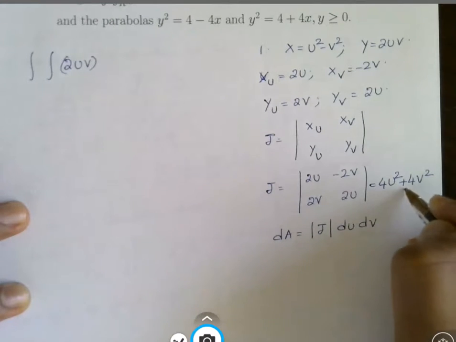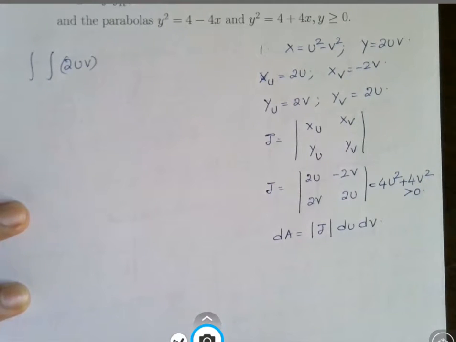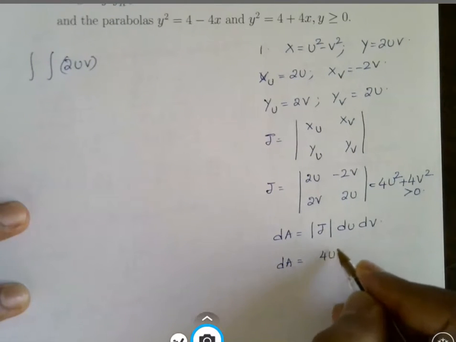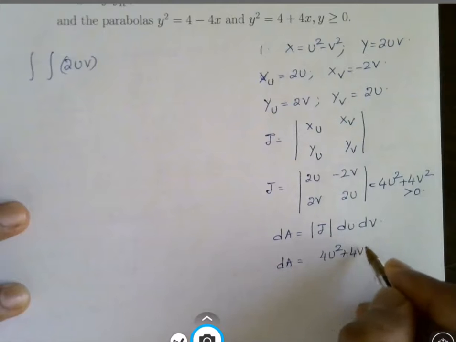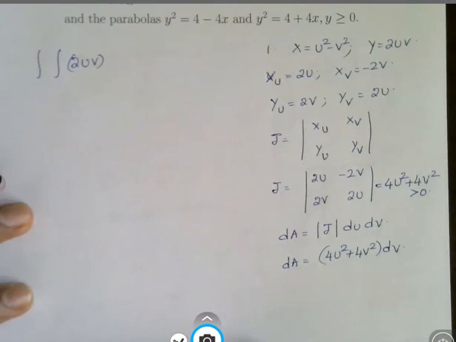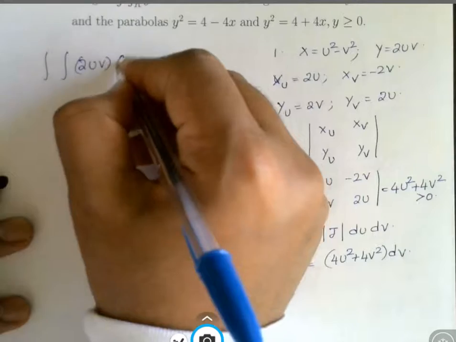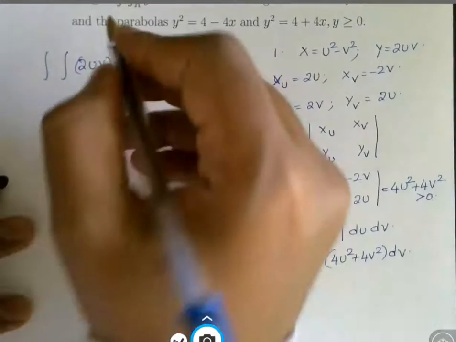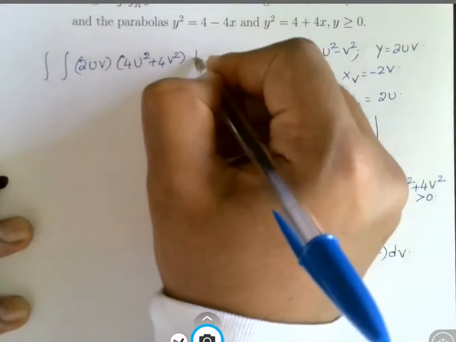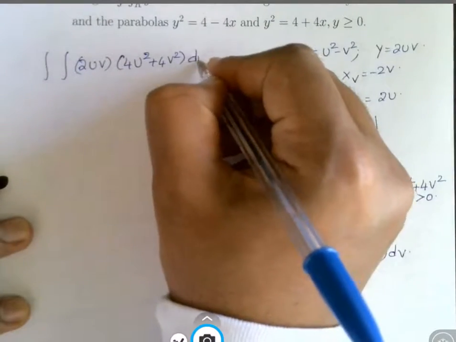And this is positive anyway, so dA is going to be 4u squared plus 4v squared du dv.